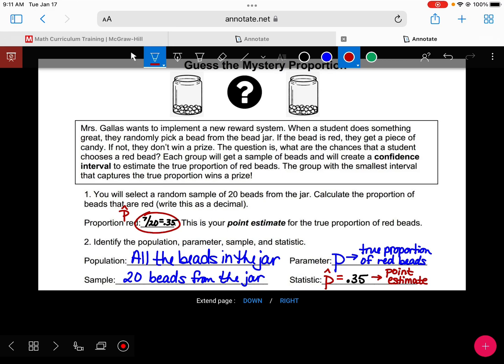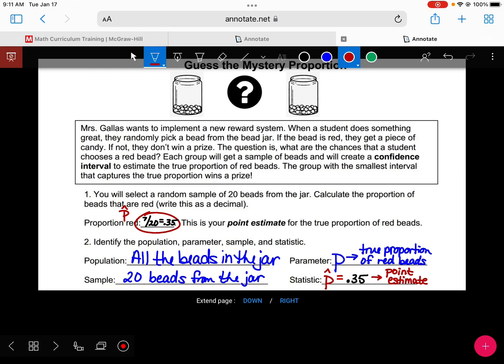So I want you guys to answer number 3, number 4, and number 5 with your partner. What margin of error do you want to use? What are you going to add and subtract to your point estimate? And then I want you to actually do that to create your interval.